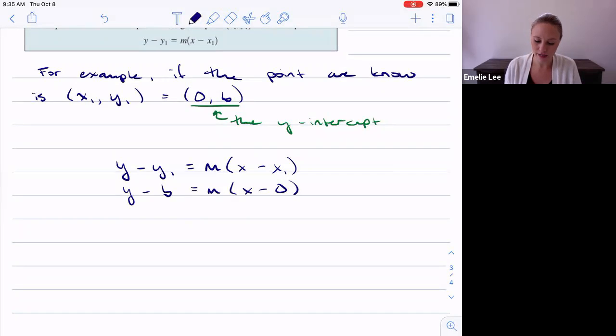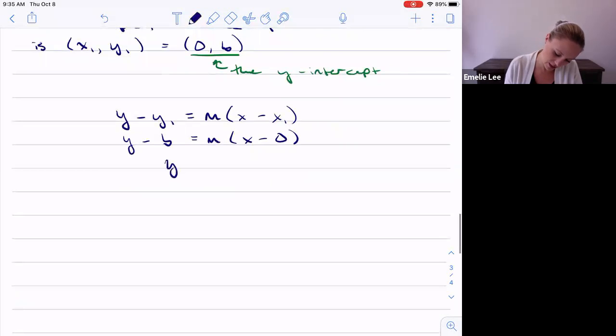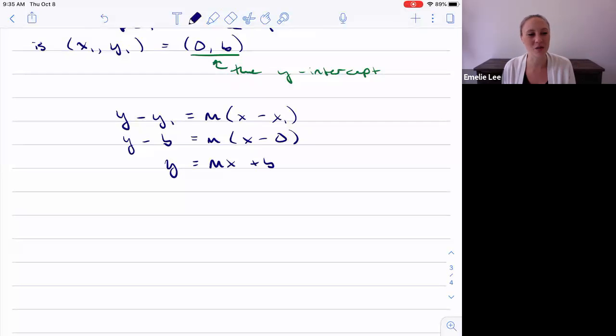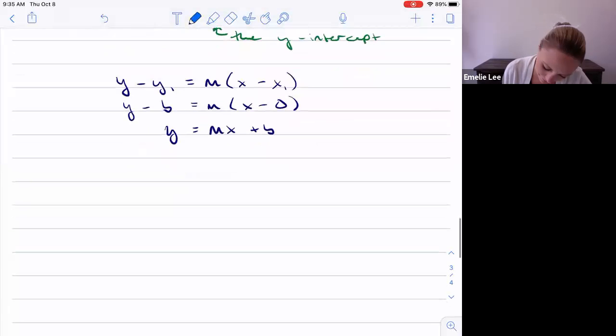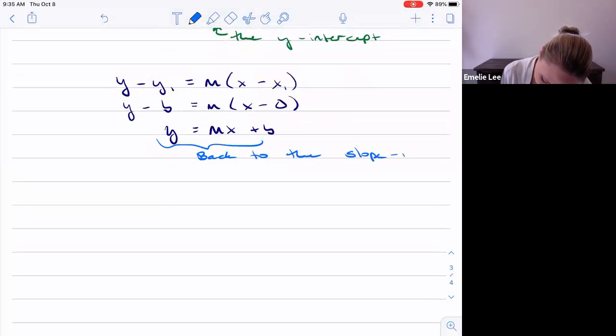Now, I can solve for y here by adding b to both sides, right? And x minus 0 makes x, so then I just have mx plus b. So y equals mx plus b. So now we're back to the slope-intercept form of a line.